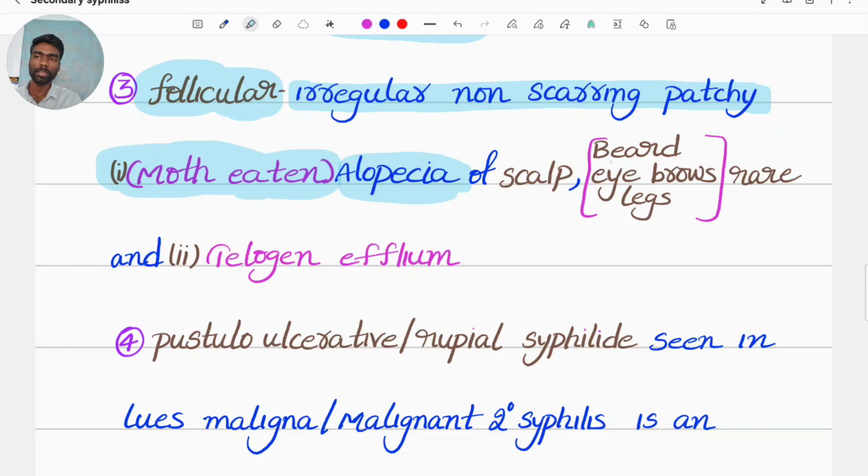Not only the scalp, it may also involve the beard, eyebrows and legs, very rarely. Second type of hair loss over the scalp, telogen effluvium. For follicular rash, you have to remember two types of hair loss on the scalp. One is moth-eaten alopecia. Second one is telogen effluvium.